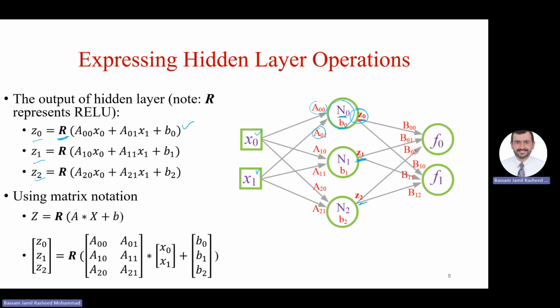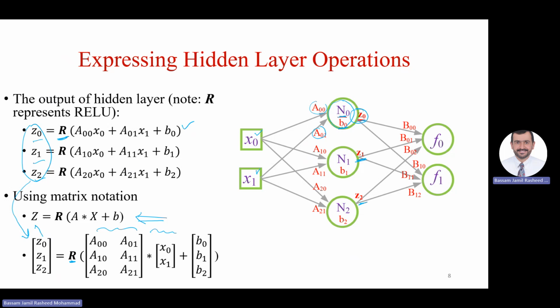We can express them in terms of a vector, which is equal to the ReLU function applied to what? Well, this matrix here multiplied with this vector, which is x0 and x1, and add to it the bias.